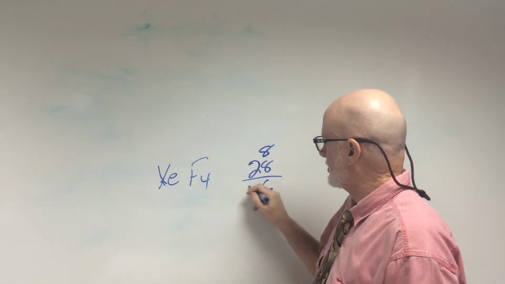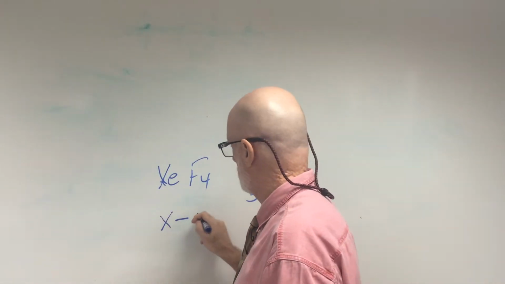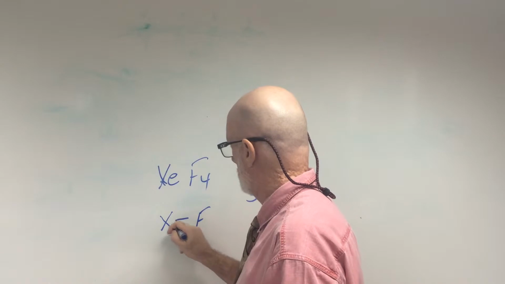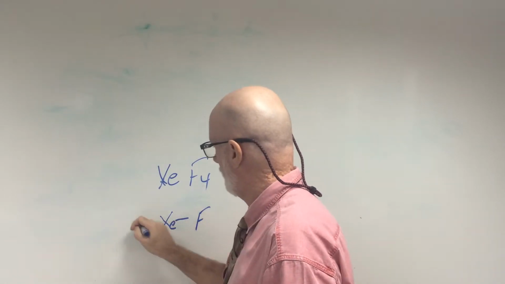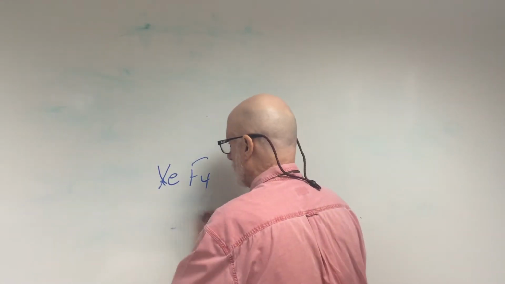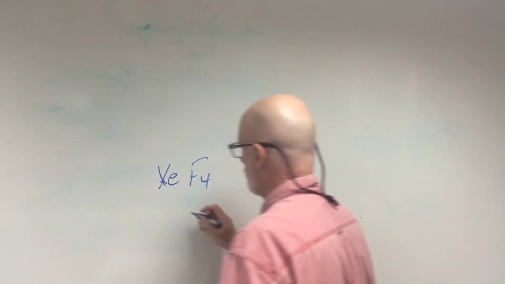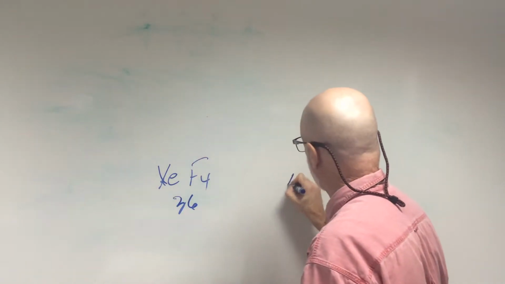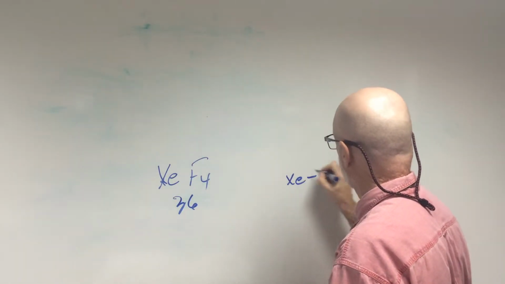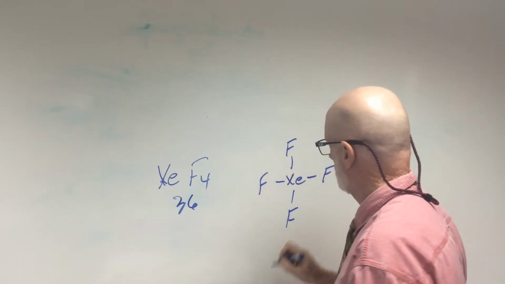So 8 plus 28 is 36. So I got this: F, Xe, F. Sorry, losing my mind here. Where can I put this? Can I erase this? And I'll just put 36 here. So I'll make it like this. Okay?